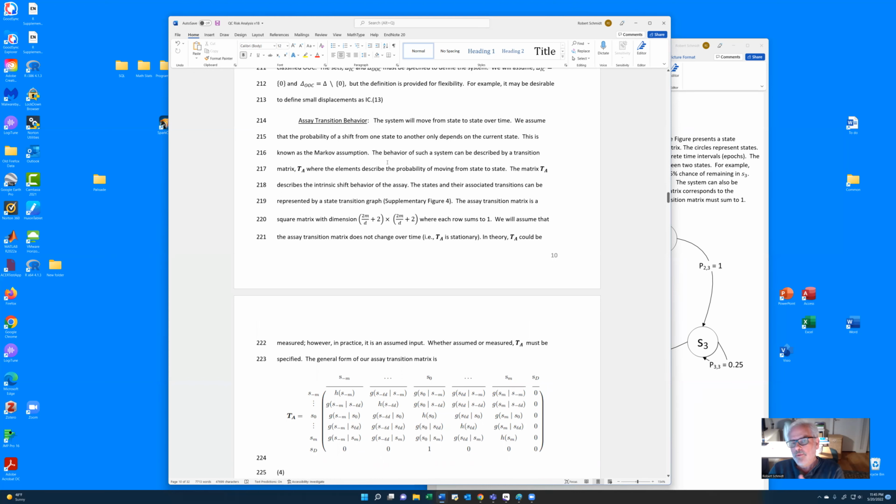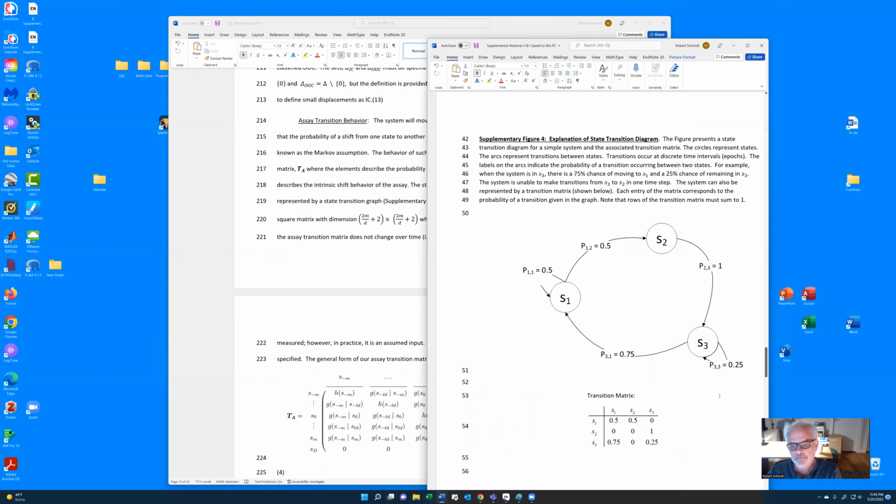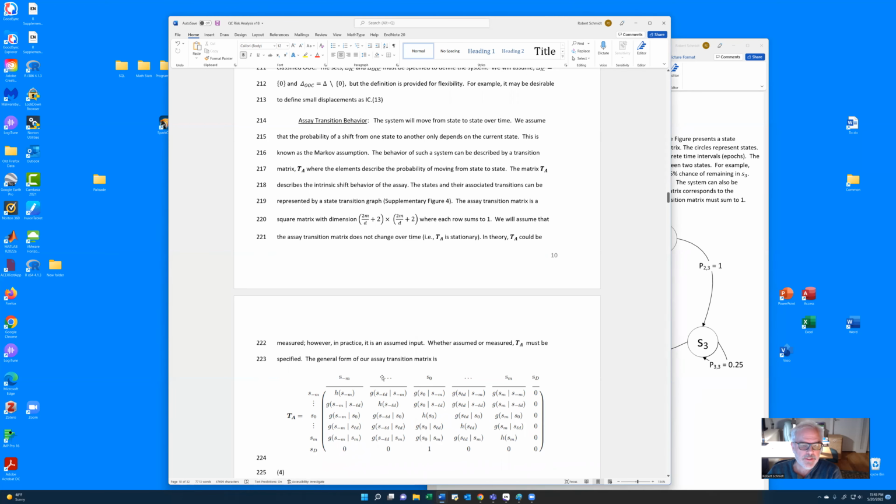Okay, so we're going to think about transition behavior, and what we're going to do is describe these transitions between states using a transition matrix, just like we did over here. And the transition matrix has to include all the states that we talked about. So the states went from -M to M in steps of D. So that's given here.